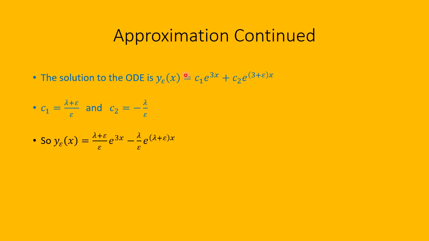So substituting those in up here, we get the solution to the initial value problem is y sub epsilon of x equals lambda plus epsilon over epsilon times e to the lambda x. That's c1 times e to the lambda x. And then c2 times e to the lambda plus epsilon x is going to be minus lambda over epsilon times e to the lambda plus epsilon times x.